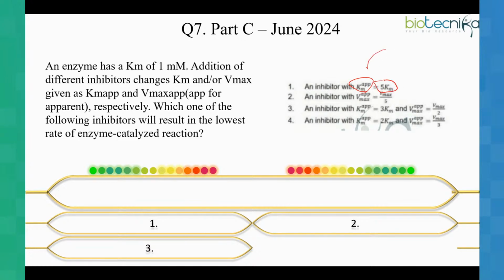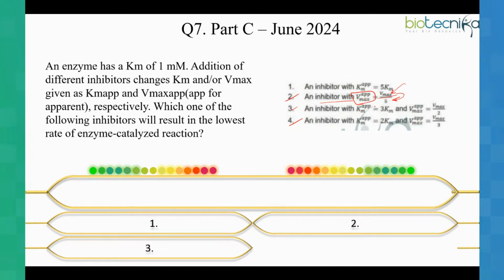That means with the inhibitor, the Km increases up to 5 times. First of all, we are not interested in Km. It's only asking about rate, so Km will not be important here. We just look at Vmax. In the second one, Vmax decreases 5 times from the original Vmax. Vmax app, or Vmax apparent, is Vmax by 5.